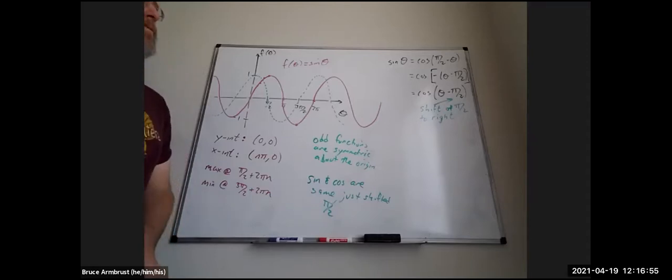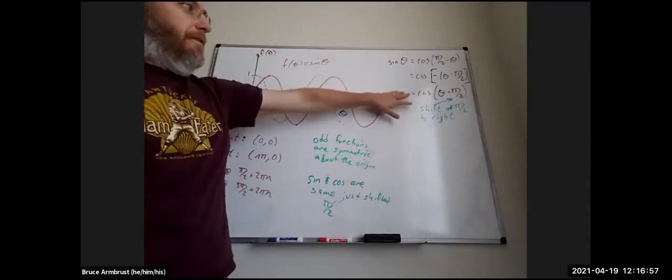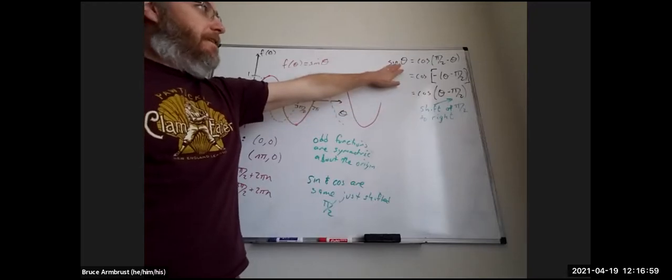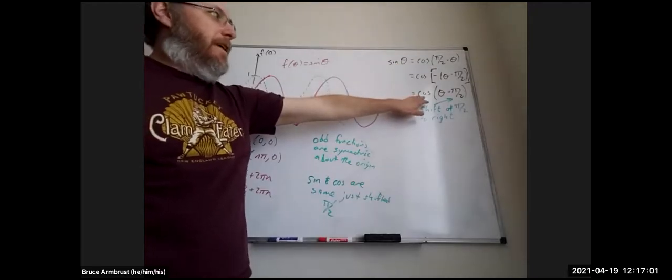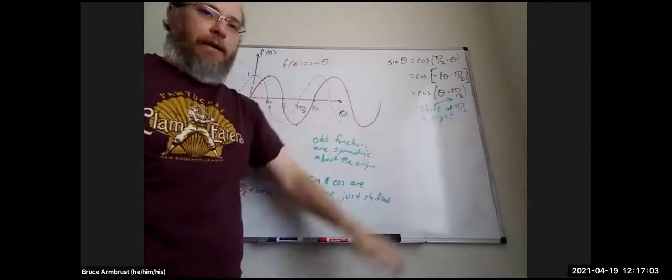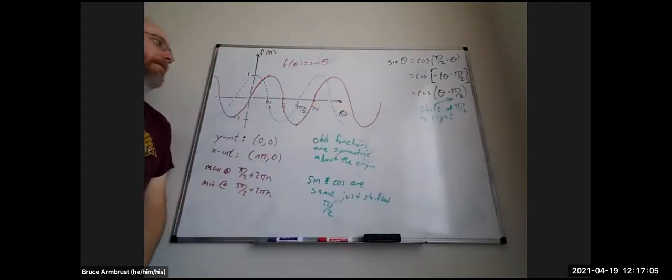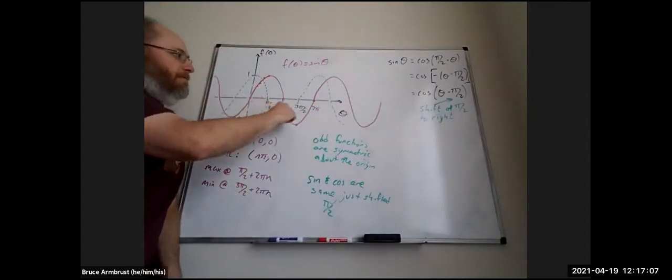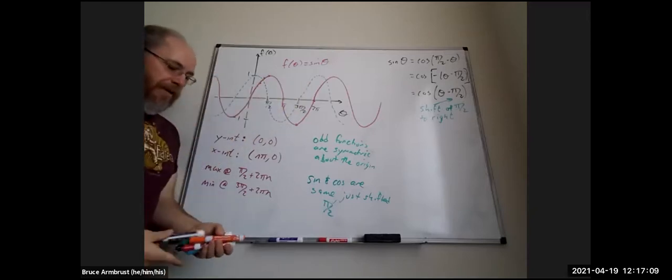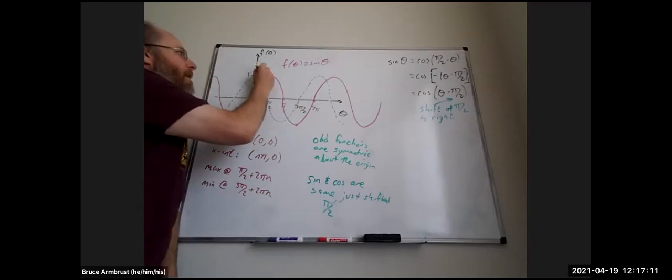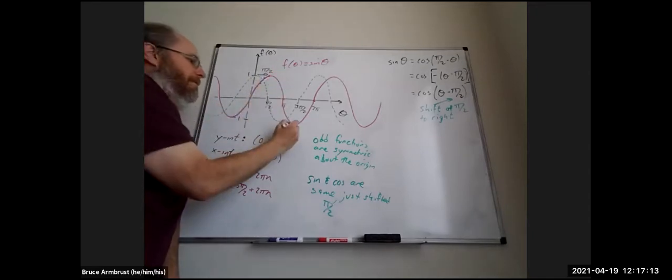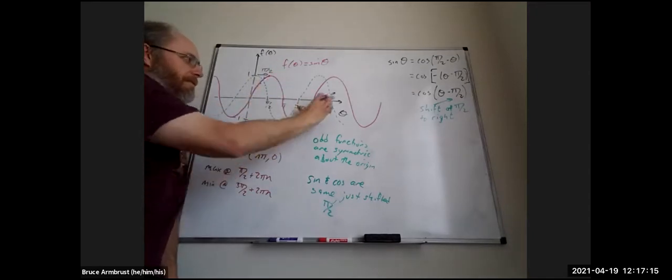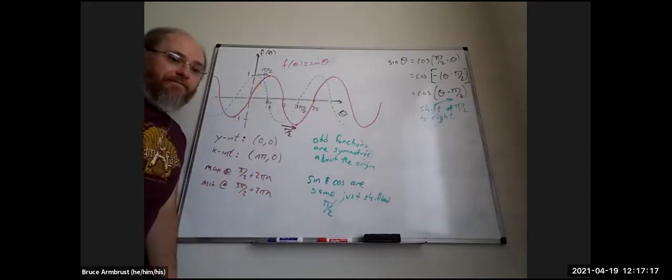Okay, so basically what this just said is that the graph of sine is the same as the graph of cosine if you shift cosine pi over 2 to the right. Well, the green is my graph of cosine. If I shift that pi over 2 to the right, I get my graph of sine.